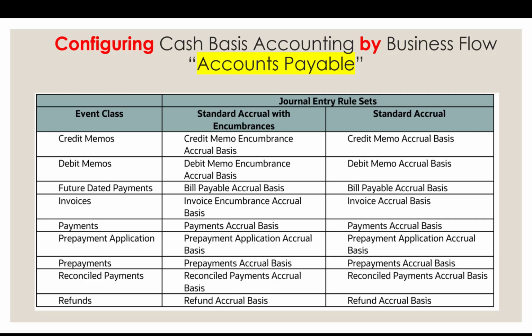For accounts payable, the standard accrual with encumbrance and the standard accrual accounting methods are made up of the following nine event classes and rule sets.